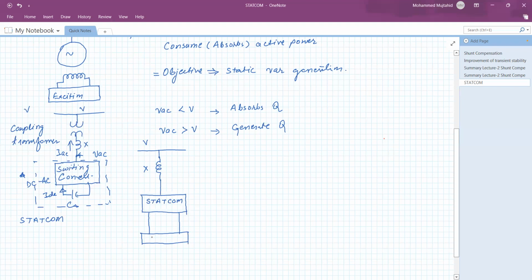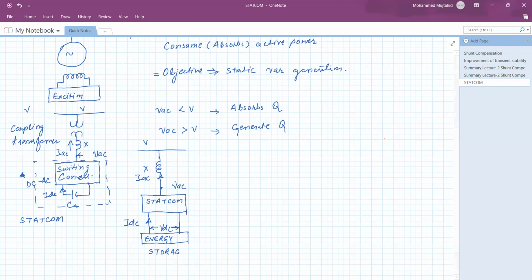So it is an energy storage. The terminal voltage of the energy storage is VDC. The current delivered is IDC. And this is IAC, definitely similar to the one. And this is VAC. Okay, this is the VAC.